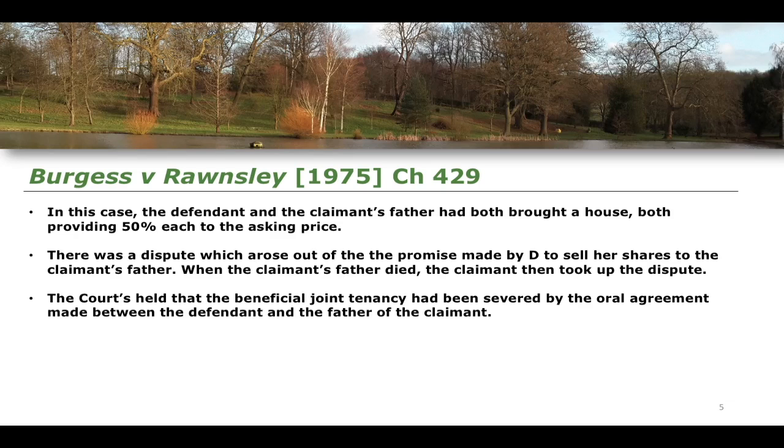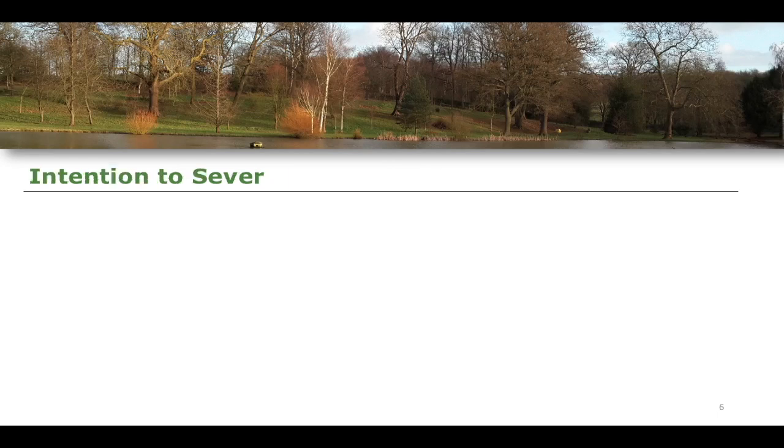This was an oral agreement made between the defendant and the father of the claimant. And so the result here was, by way of mutual agreement between the parties to the joint tenancy, there was a clear indication of an intention to sever. There was a clear mutual agreement for the severance of the property, and as such, the property had been severed.